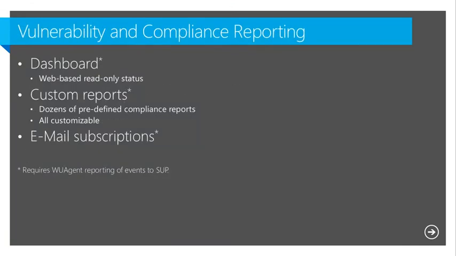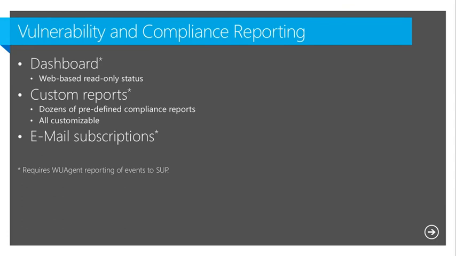From the standpoint of compliance reporting, we provide a number of different ways you could get access to that data. Patch Manager includes a web-based read-only dashboard. It's built similar to our Orion suite of network and systems management products, if anybody happens to be familiar with those. There is also custom reporting available in the MMC-based console, which can be customized, scheduled, emailed, exported.